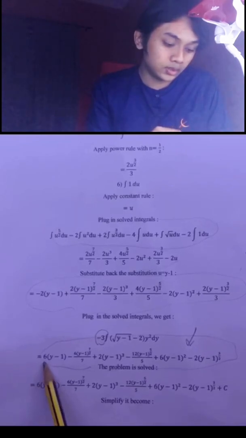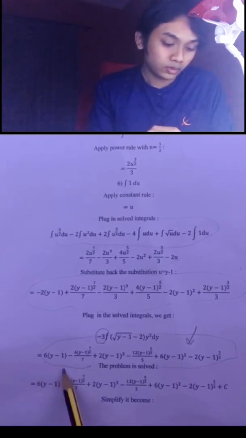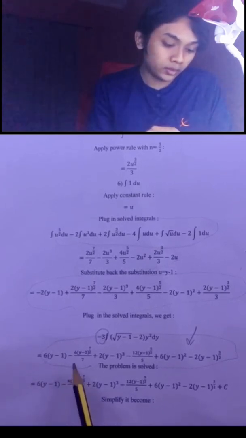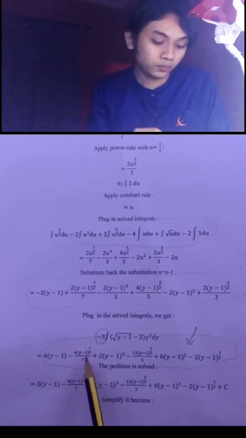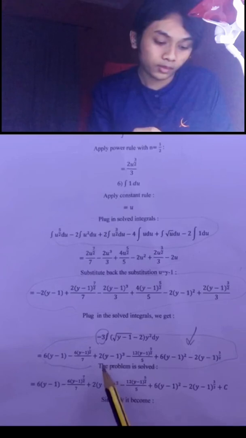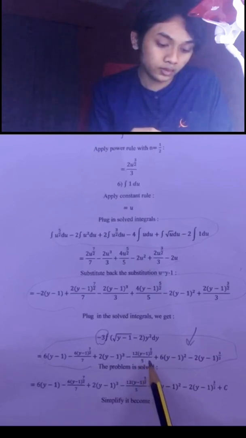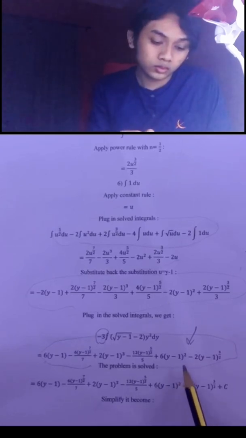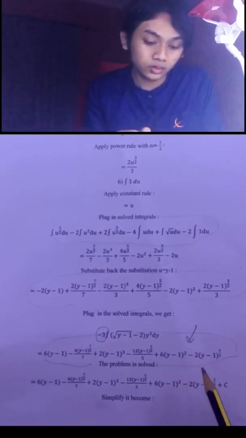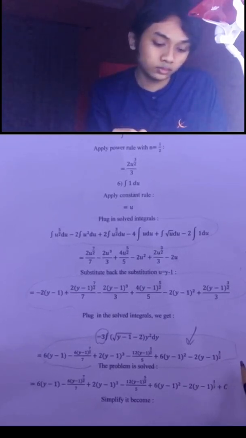So we get 6 multiplied by y minus 1 minus 6 multiplied by y minus 1 power of 7 over 2 over 7 plus 2 multiplied by y minus 1 cube minus 12 multiplied by y minus 1 power of 5 over 2 over 5 plus 6 multiplied by y minus 1 square minus 2 multiplied by y minus 1 power of 3 over 2.